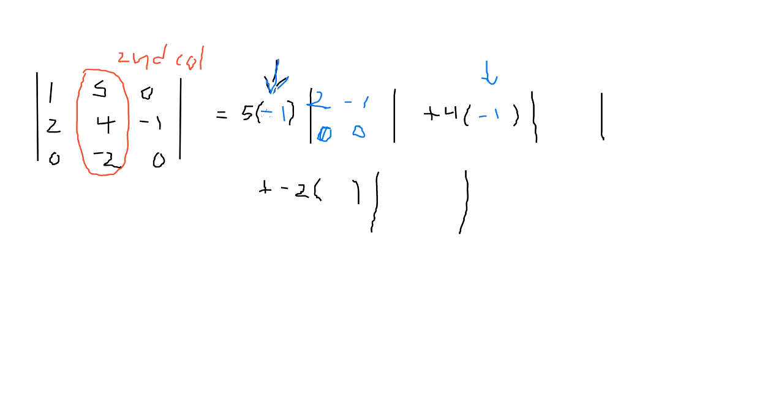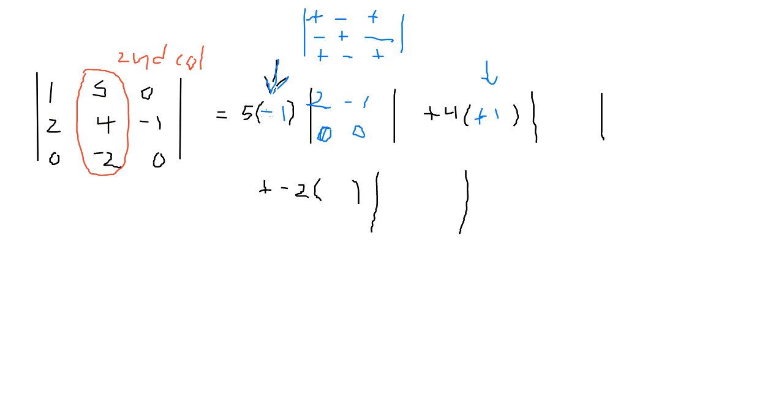So this is going to be a +1. And again, you can just think like this: plus, minus, plus, minus, plus, minus, plus, minus, plus. This is how I'm getting the signs.